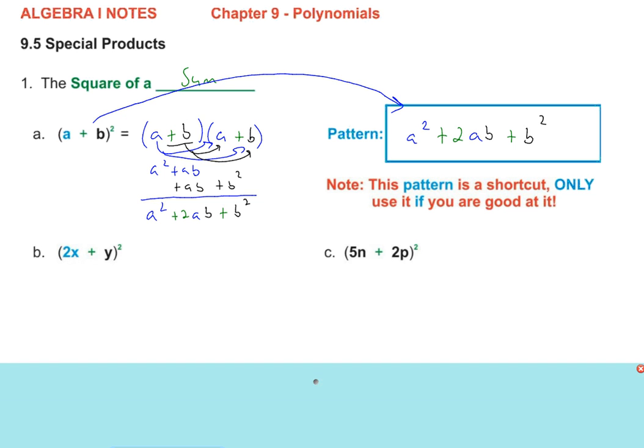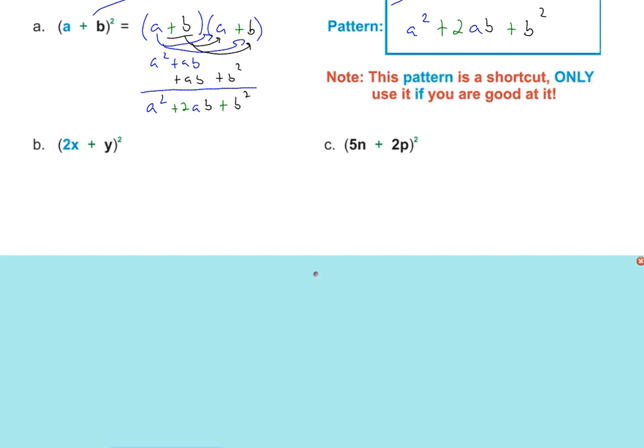So let's do B here. When I look at B, I'm looking at the pattern in the box. Okay? So a squared would be a what squared, looking at specific problem B? Somebody raise their hand. What's the front term going to be?